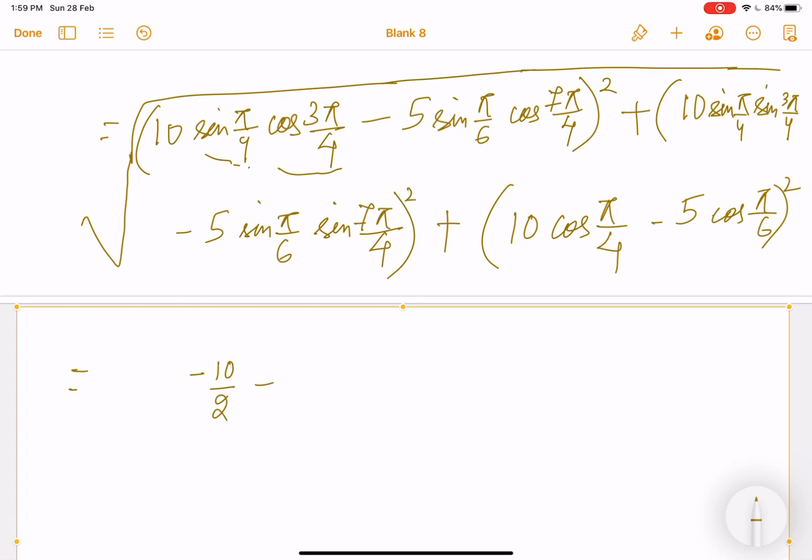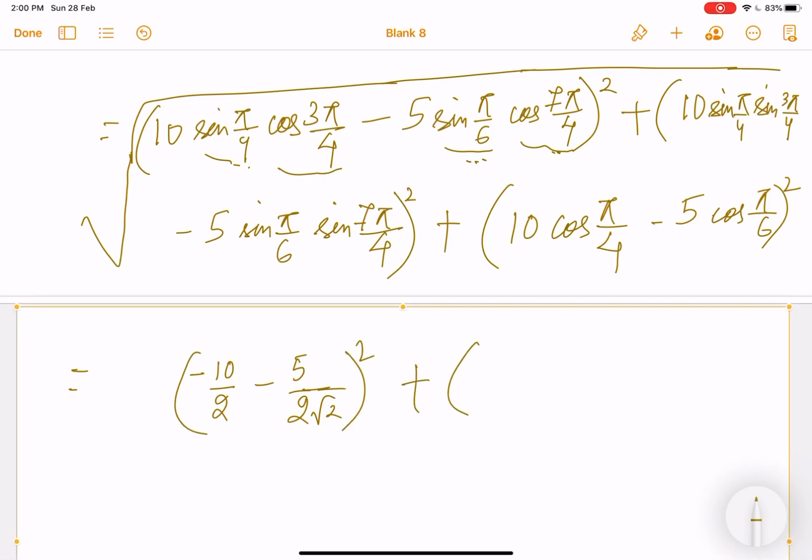Then minus this sine 30 degrees. Sine 30 degrees is 1 by 2. And this is cos of minus 45 degrees. That will be 1 by root 2. So this is again 5 by 2. I think it's 5 by 2 root 2. Then this is 1 by root 2, this is 1 by 2. You guys put it in the calculator and check.